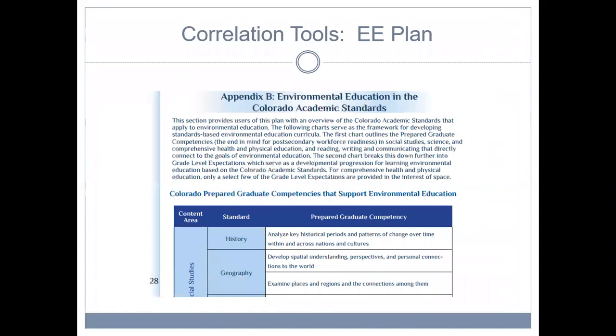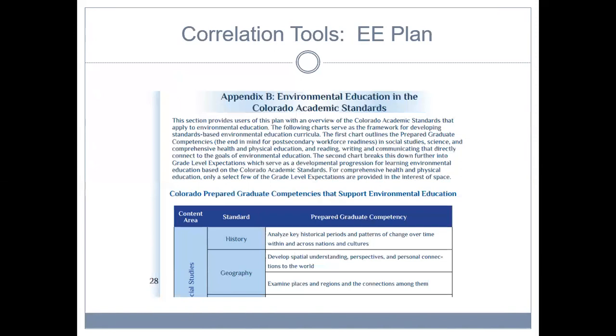In terms of Colorado resources, if you haven't checked it out, within the Colorado Environmental Education Plan, we have identified all of the standards that relate to environmental education, and the content specialists at the Colorado Department of Education actually worked to pull those out and identify within science, social studies, physical education, health, and reading, writing, communicating, and math, I believe, all the standards that relate.